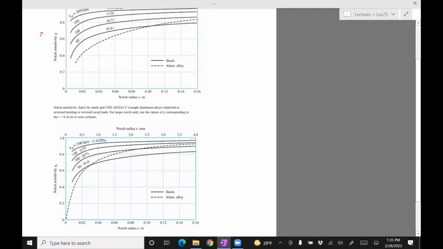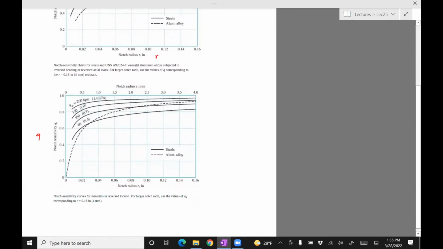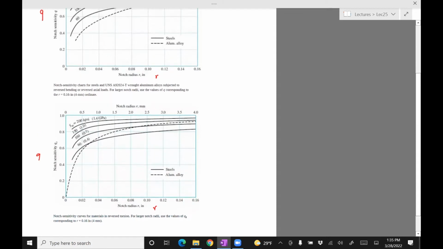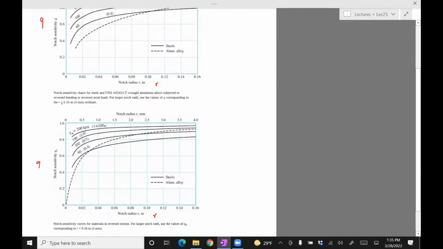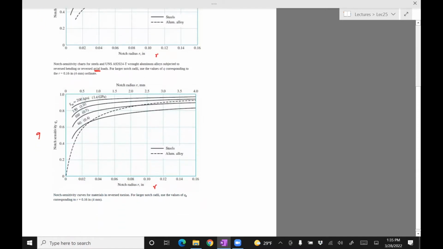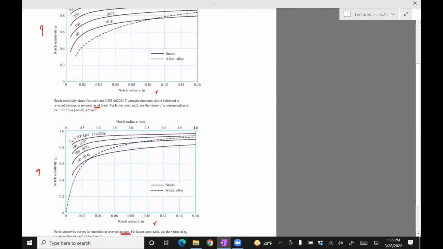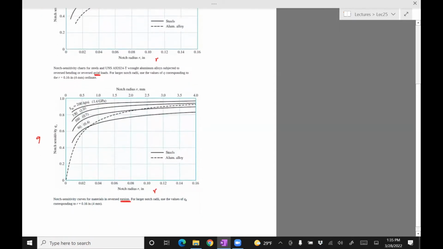So there's Q versus notch radius. So how are these charts different? This is axial loads, and then this one is for torsion. Okay, so if you have axial loads, you use the first one, shear load, second one.